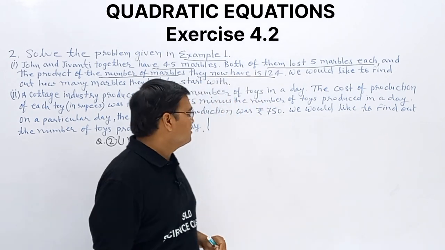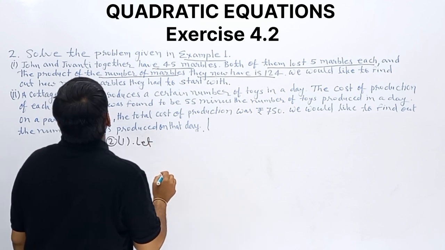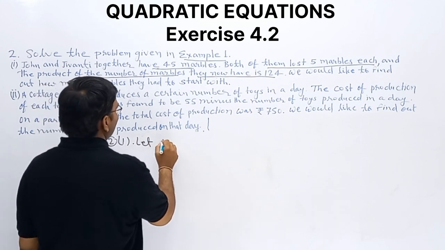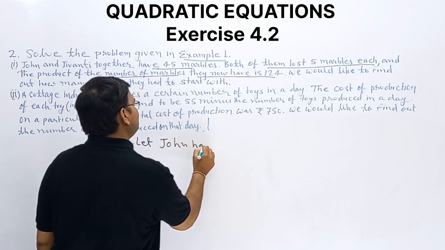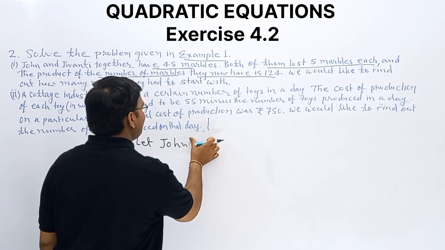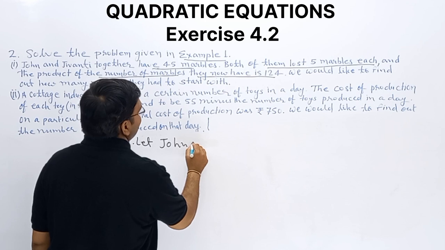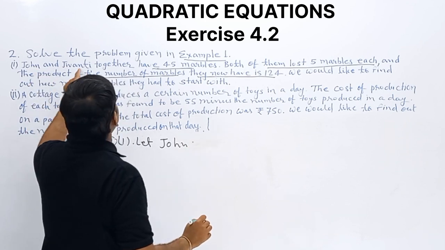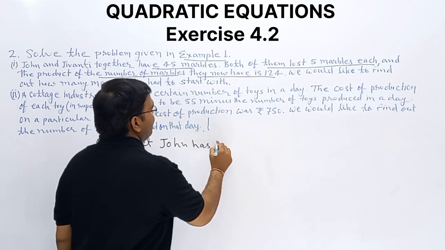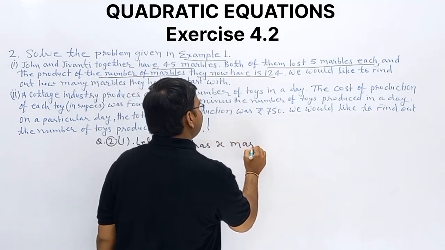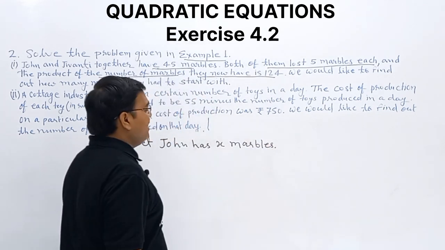We want this one. So we will assume, let John have X marbles. Clear?